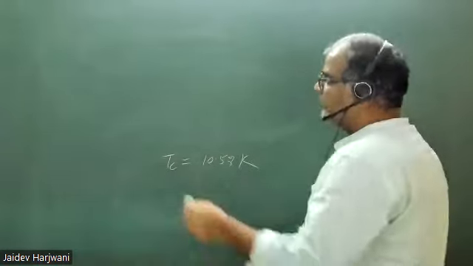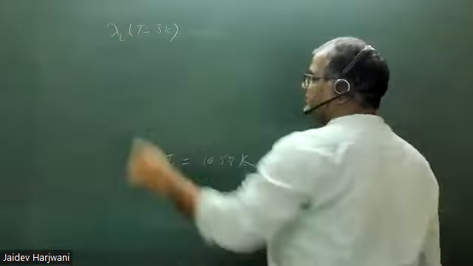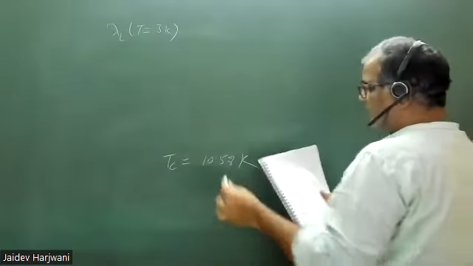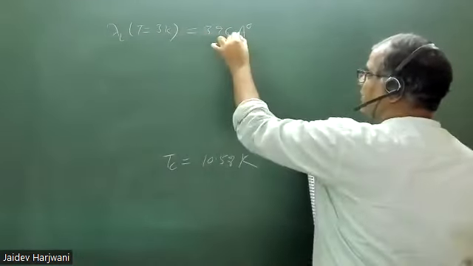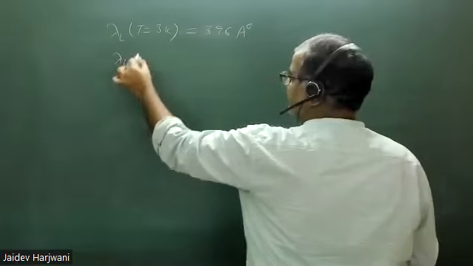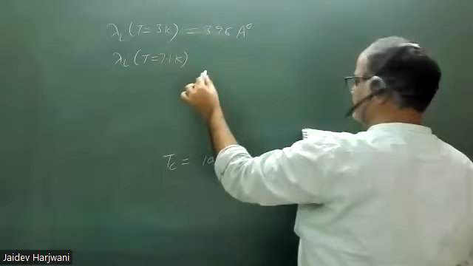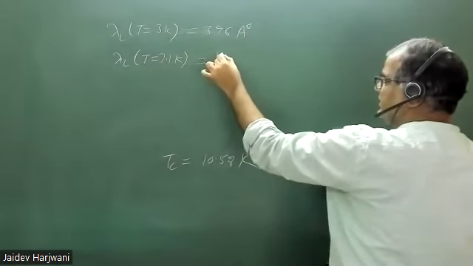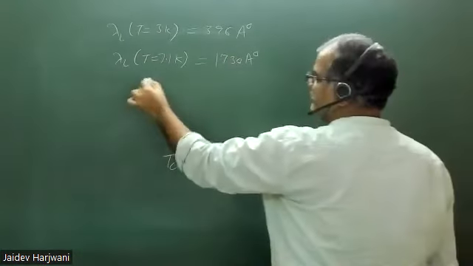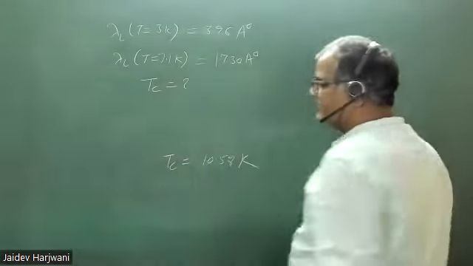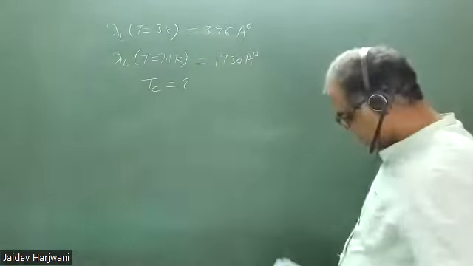So they have given you a similar kind of problem. Now they say T is equal to 3 Kelvin, the penetration depth is given 396 angstrom. And penetration depth at T equal to 7.1 Kelvin is given as 1730 angstrom. So they're asking what is the value of Tc. The formula for this one is slightly changed.